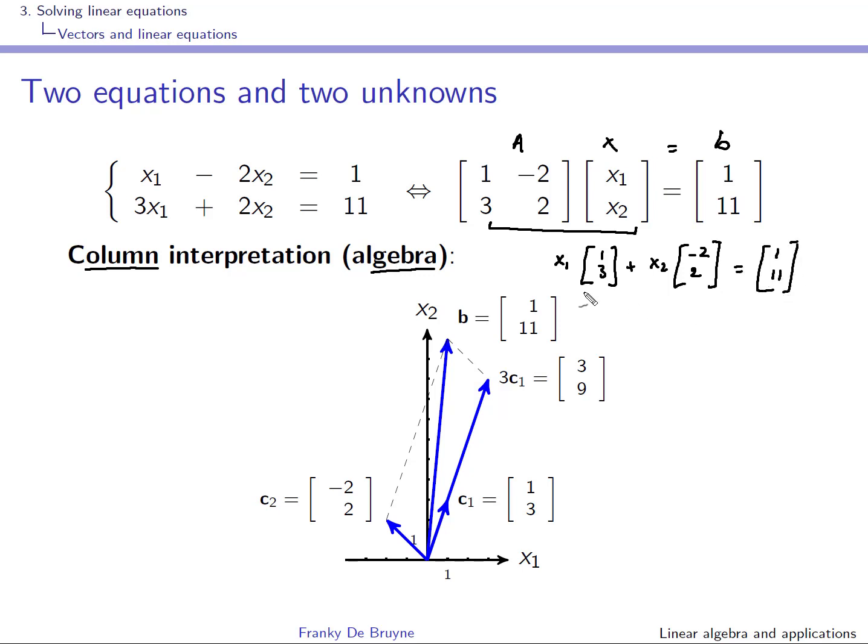So is there a linear combination of the vector (1, 3) and the vector (-2, 2), first and second column of the matrix A, that will produce b? And if you look at it, if you take 3 times the first column plus 1 times the second column, this indeed produces the vector b. So this is another interpretation of the system of equations, and of course it leads to the same solution.